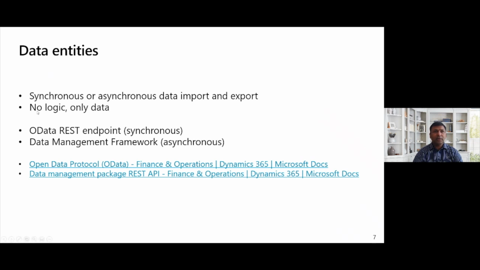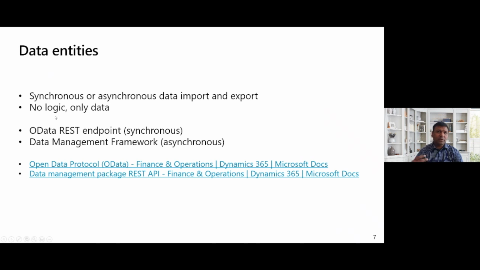The thing with data entities is that it's mostly exchange of data, not really business logic that you can activate, unless you write a custom action on the OData call. So it's mostly data, not so much logic.